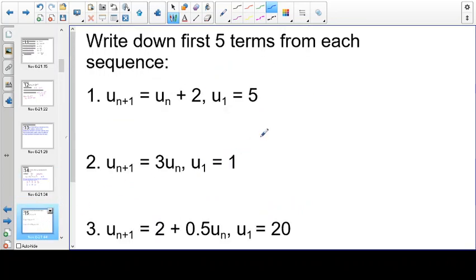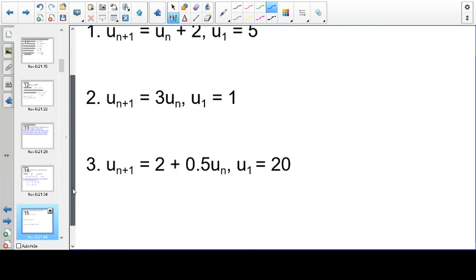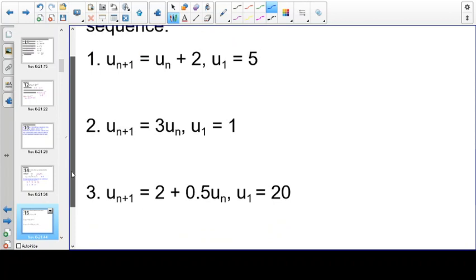Okay, I'd like you to pause the video and write down the first 5 terms of the sequence. The first term is given to you. Okay, so this one is 5.